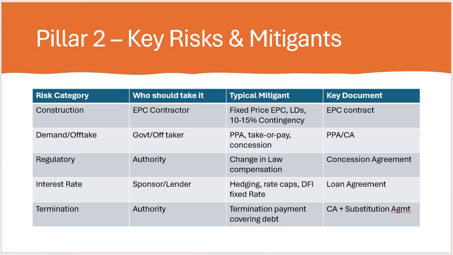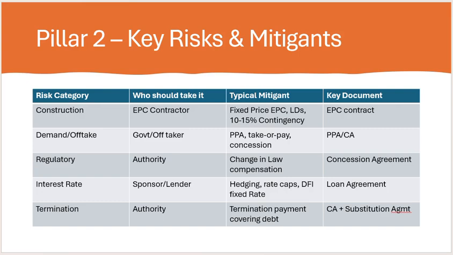The typical mitigation technique used by the sponsor or the lender is the fixed price EPC contract, LDs, or 10 to 15% contingencies in that project. The key document is the EPC contract agreement. It is the key document that we refer to if construction risks happen.